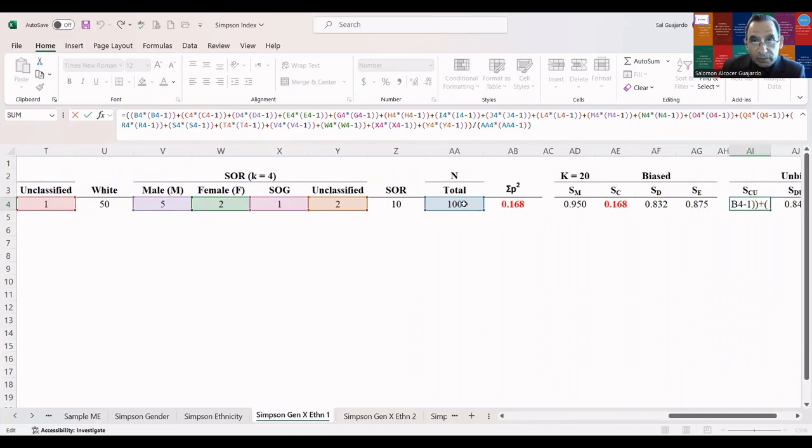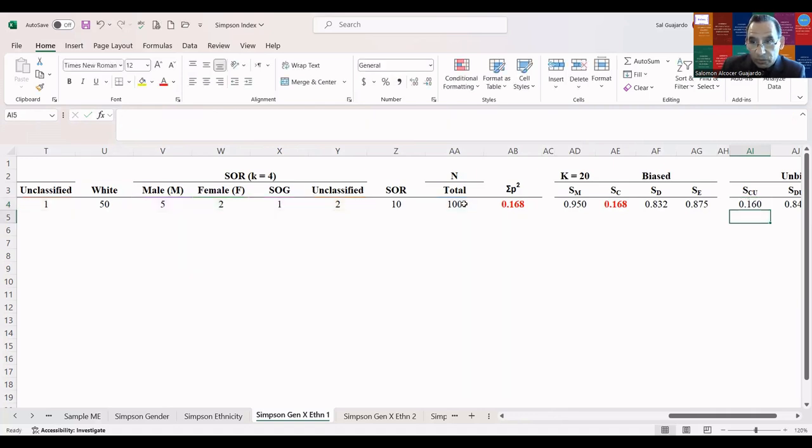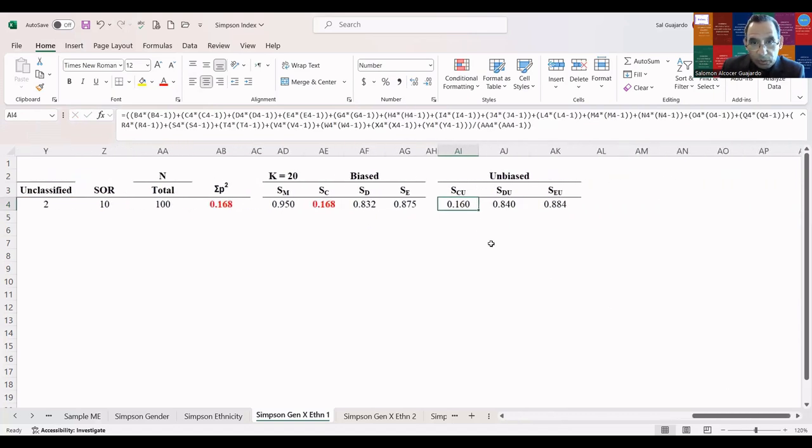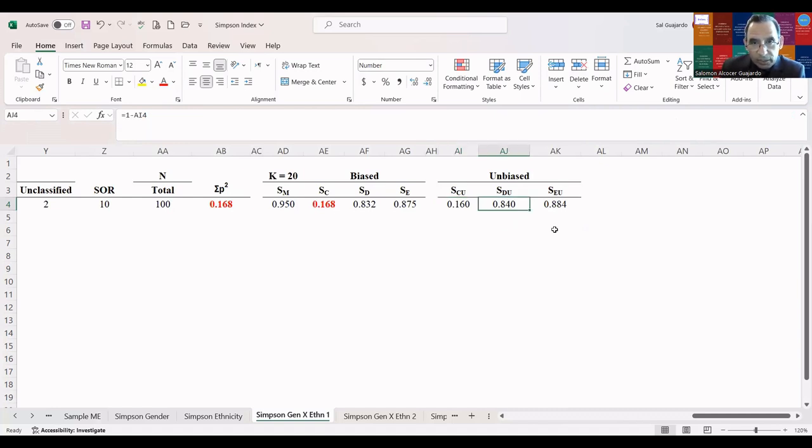by the total. It's going to be n times the total minus 1, so it's going to be 100 times 99. When I do that, that's going to give me a concentration score, similarity score of 0.16. So again, the interpretation of this 0.16 is if I randomly select 2 individuals, they belong to the same ethnic and gender group. So then if I subtract the 0.16 from 1, that's going to give me the 0.84.